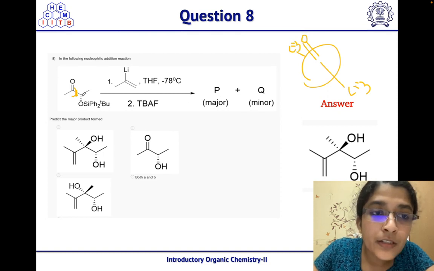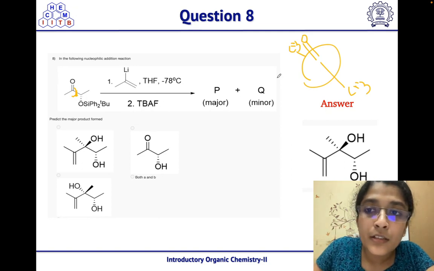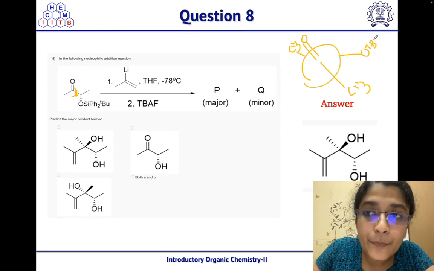Then the OTBDPS group will be present here, and the hydrogen will be present at this side.